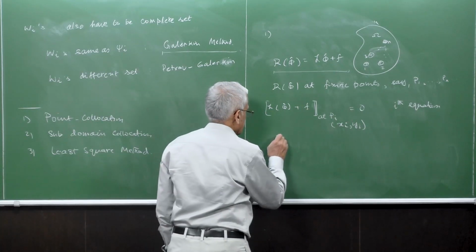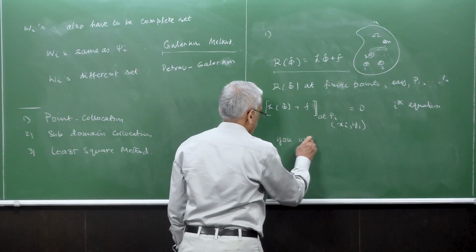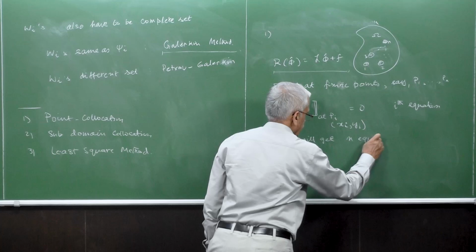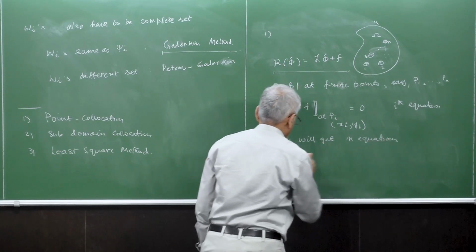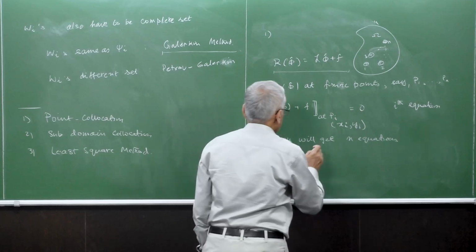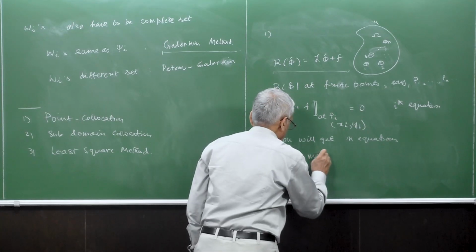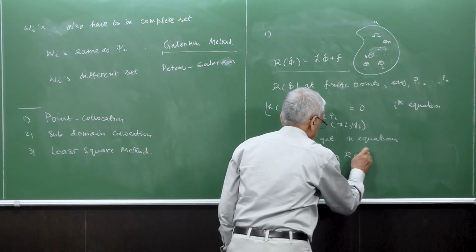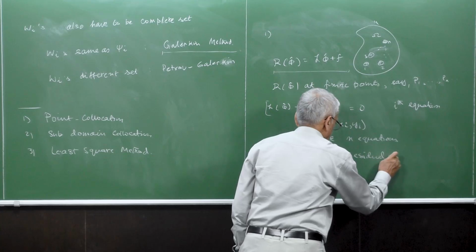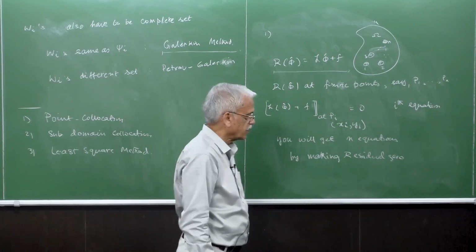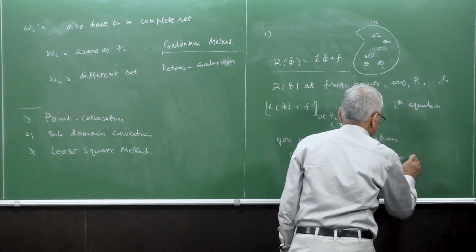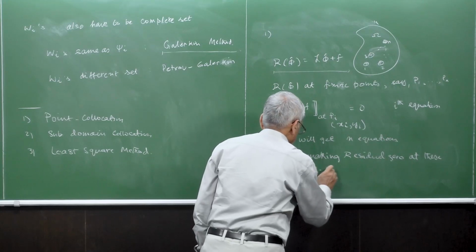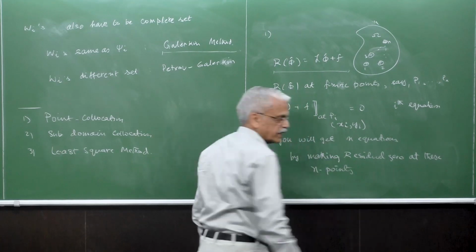So you will get n equations by making the residual 0 at finite points. Okay. So that way, this is called a point collocation method.